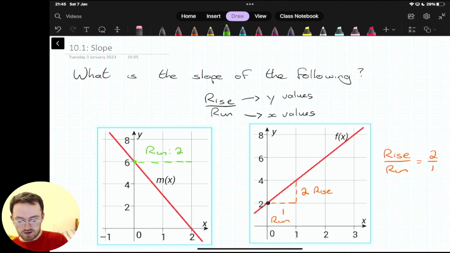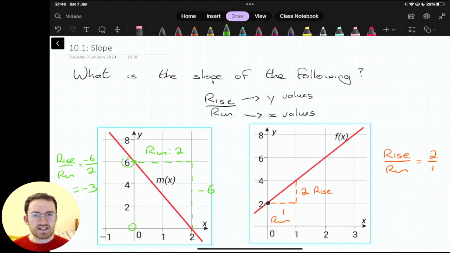It's good for us to see here that it doesn't matter how many of the steps we go across. So my run here is going to be 2, and I'm going to have to go down all the way from 6 down to 0, which means I'm having a fall of 6 if you like, or a rise of -6. So here my rise over run is going to be -6 over 2, which is -3.